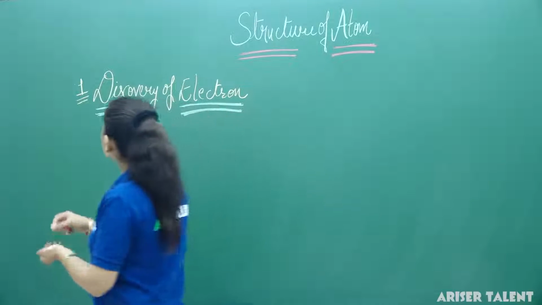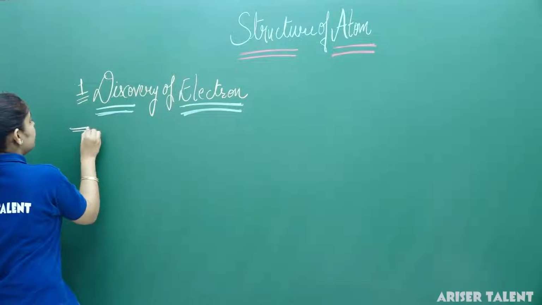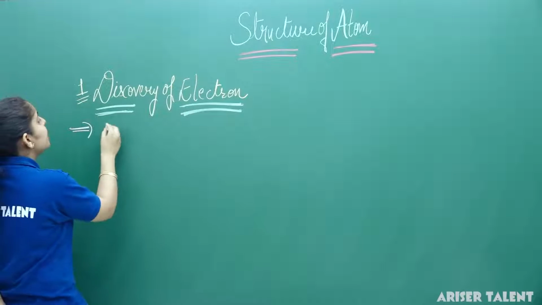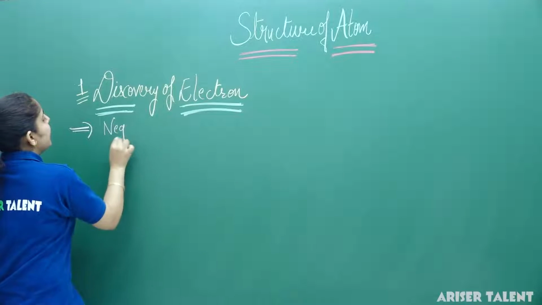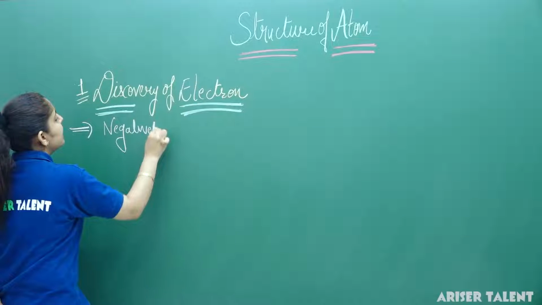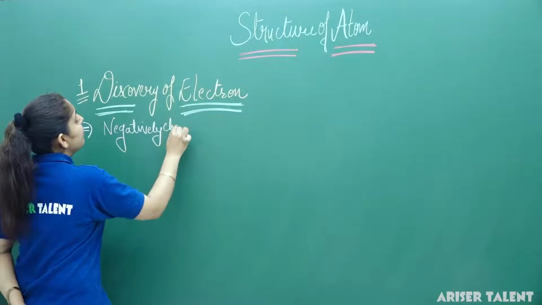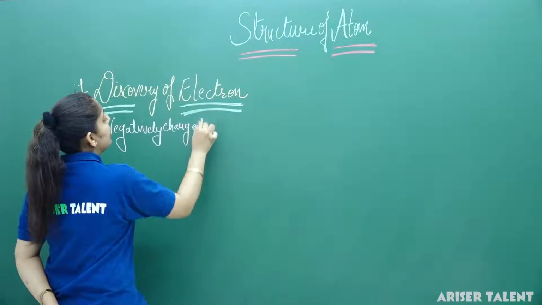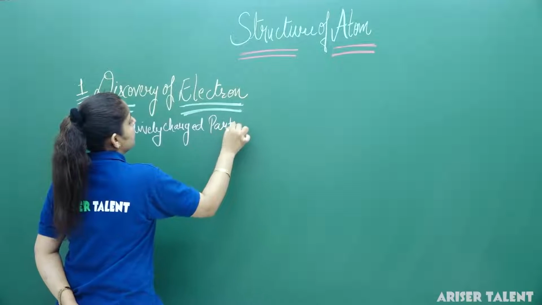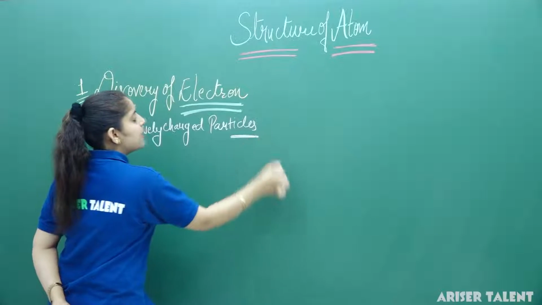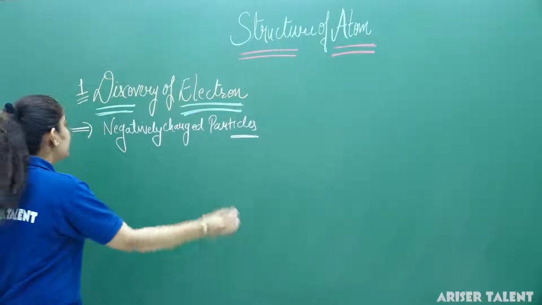Firstly, we can see that electrons are particles of negative charge. So, negatively charged particles are electrons. And what is the charge on them?